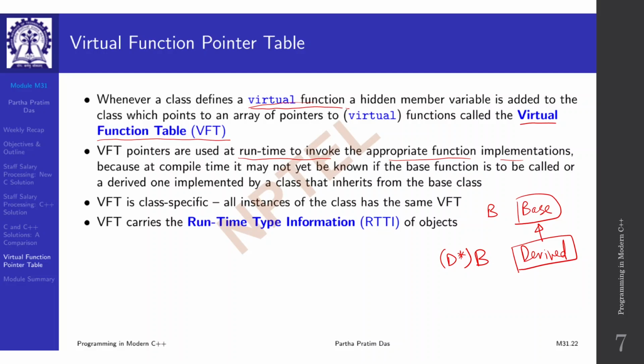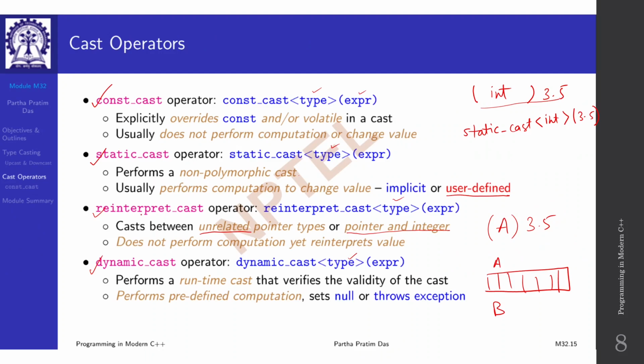Because the dynamic_cast operator checks whether the pointer actually refers to a D type object or not. Static_cast does not perform this check, but dynamic_cast performs this check to make sure that the conversion is valid. If it is valid, it does it, and if it is not valid, then it returns null or throws an exception.